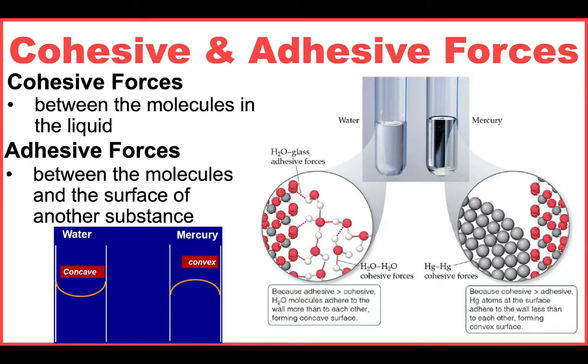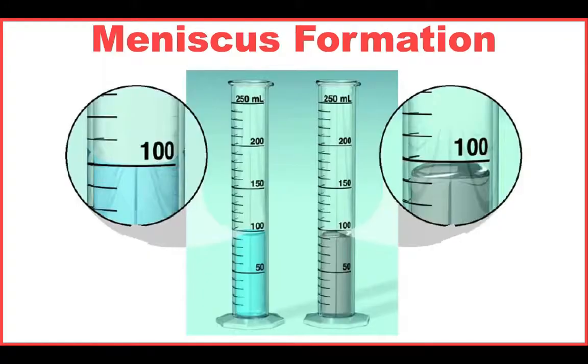So this is because the mercury atoms at the surface adhere to the wall less than to each other. Okay? So in the laboratory, you call this a meniscus formation. Okay? So when you are reading a clear, colored solution, you have to read the lower meniscus. Okay? Now, if you are reading a heterogeneous solution, you have to read the upper meniscus.